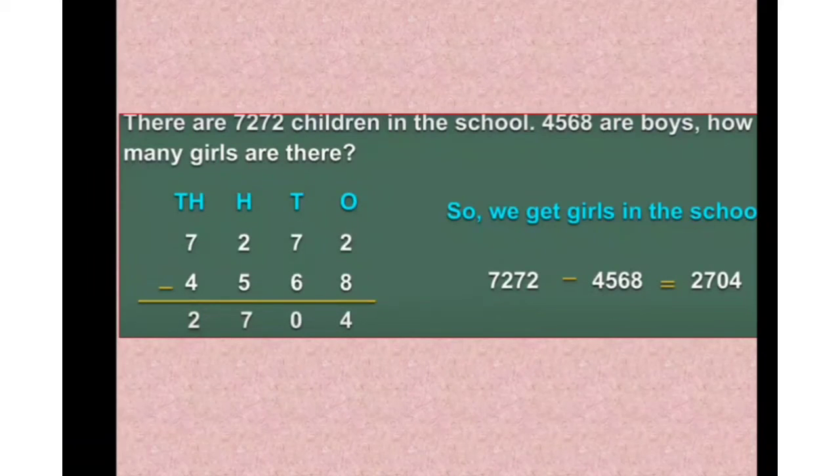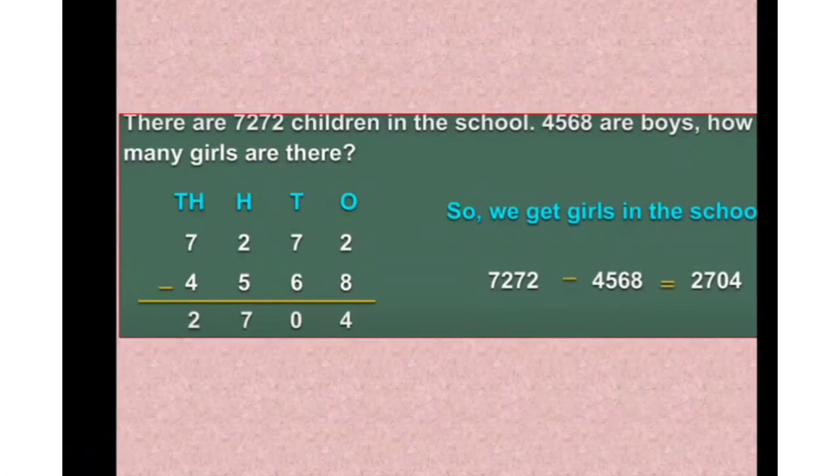Then 10 ones and 2 ones, 10 plus 2 is equal to 12. 12 minus 8 is equal to 4. Here is 6, so 6 minus 6: the property of zero comes here. When a number is subtracted from itself, the answer is 0.